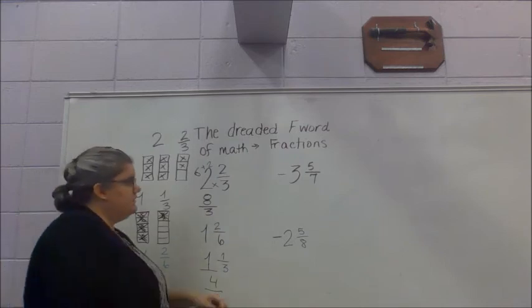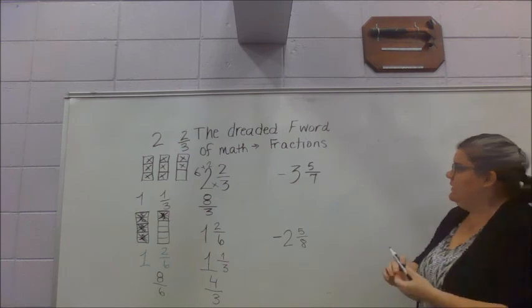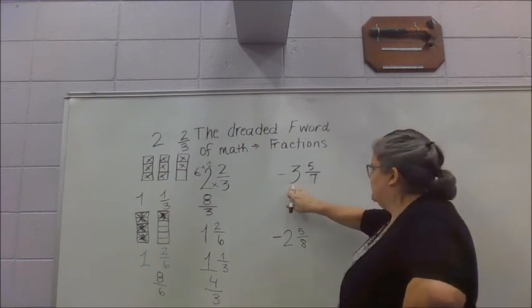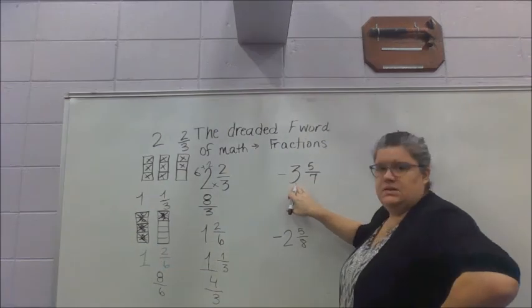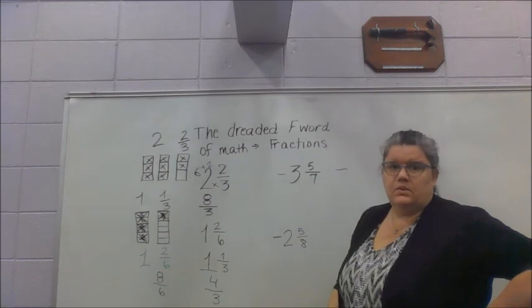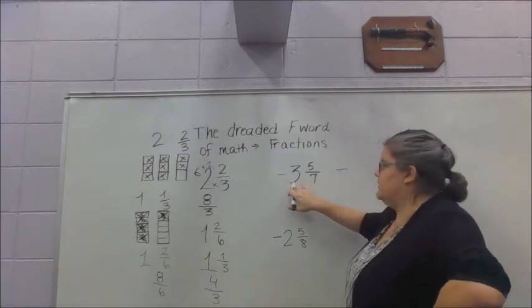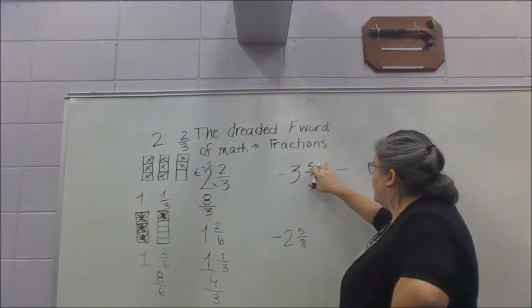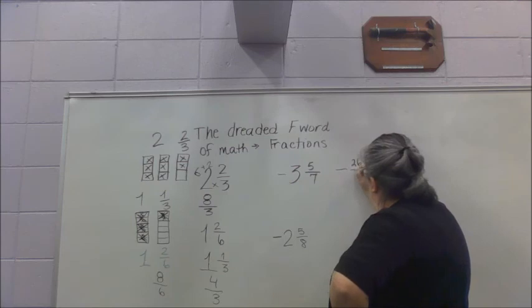So let's go over here, and these look a little bit more frightening because they have negatives in them. Really, all we do is take the absolute value of the whole number part and just use that to multiply, and we just need to remember at the end to put the negative symbol in front of the fraction again. 7 times 3 is 21. That gives me 21 pieces of cake, plus the 5 that I have is 26 over 7.